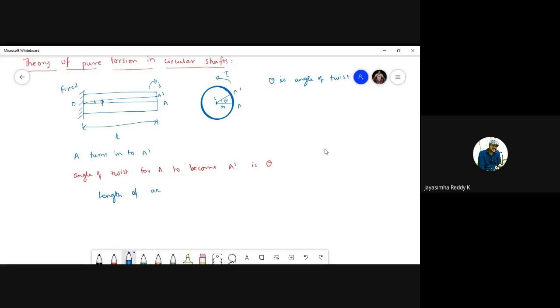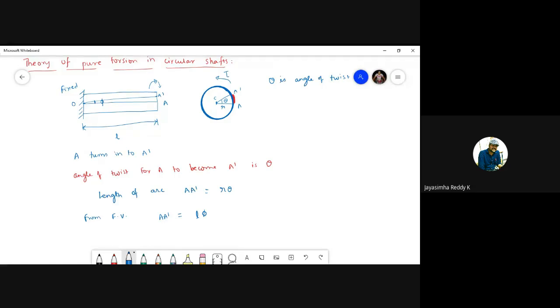Length of arc AA dash can be given as r theta. Observe here, this arc length can be written as r theta. From the front view also, the same AA dash arc length can be written as L phi. Is it right? L phi.